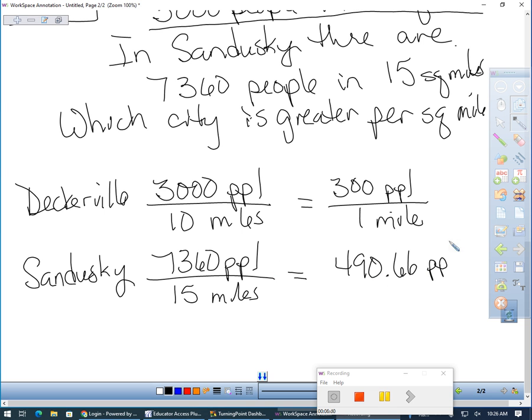And that's people in each mile. So, which city has a greater number of people per square mile? Sandusky does. But this is exactly what you're doing for the first problem in your homework. It's comparing two towns, and they just want to know which one's more populated, okay, per square mile. Any questions?